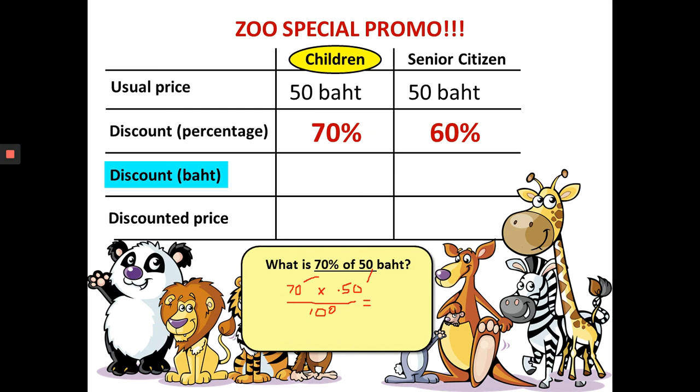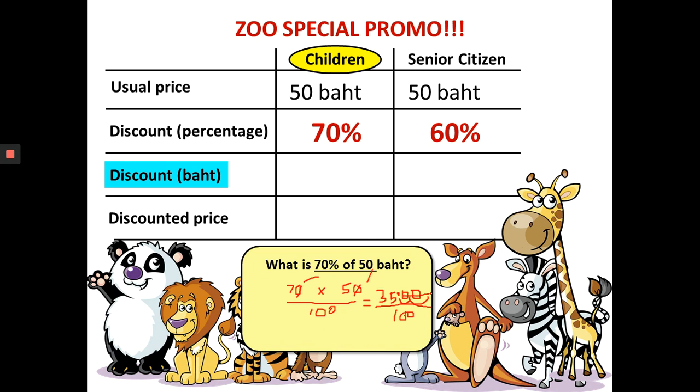So 70 times 50, that is, get the two zeros, write that down here, and then 7 times 5 is 35. Now divide it by 100. So divide this to 100, you just count two zeros to the left instead of dividing it manually. So you'll save time. So that is 35 baht.